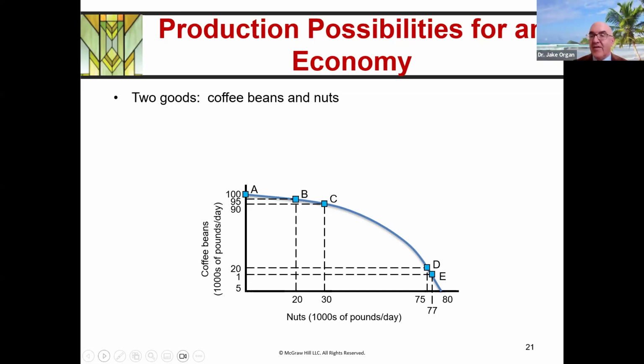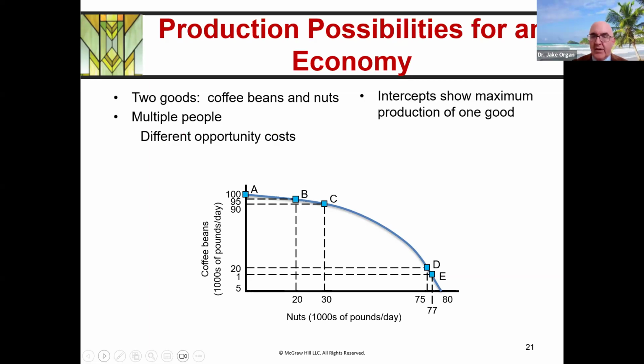And again, you've got the different points along the production possibilities frontier. And so ultimately there's going to be lots and lots of different people involved in these trades.